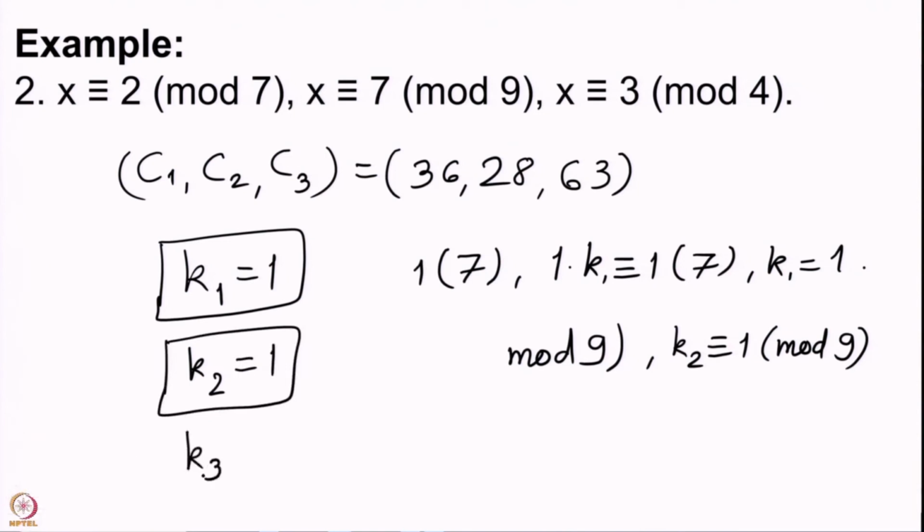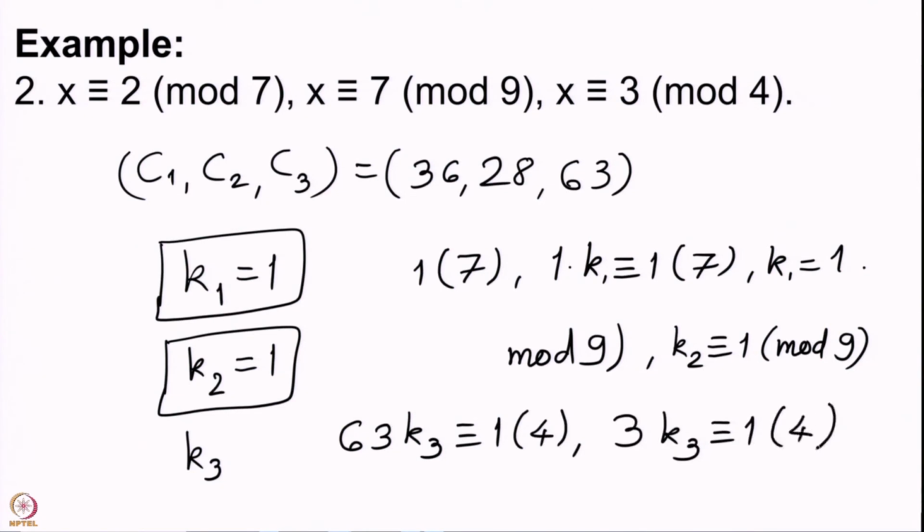We should now solve for K3 with the property that 63 K3 is congruent to 1 mod 4, but 63 is 3. So, we should solve for 3 K3 congruent to 1 mod 4. K3 should be equal to 3 because 3 into 3 is 9, which is 1 mod 4. So, K3 has to be equal to 3.